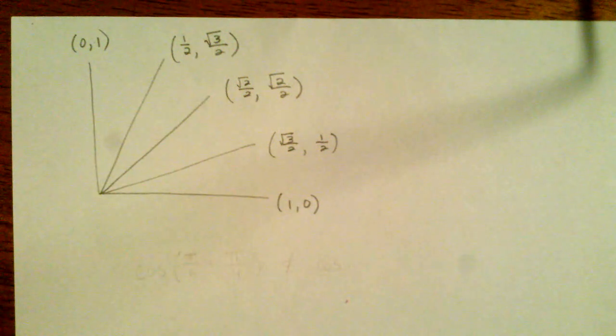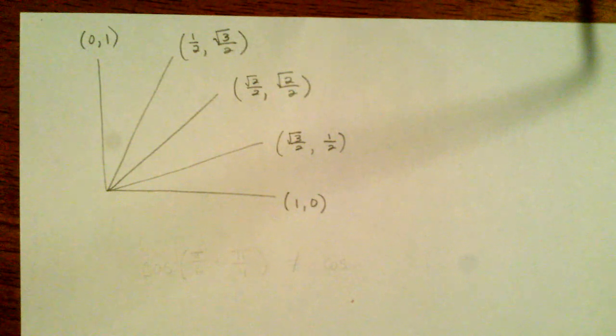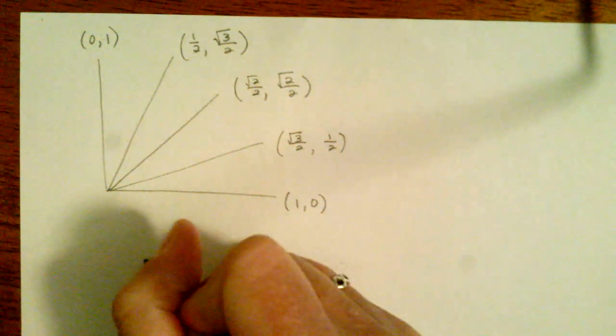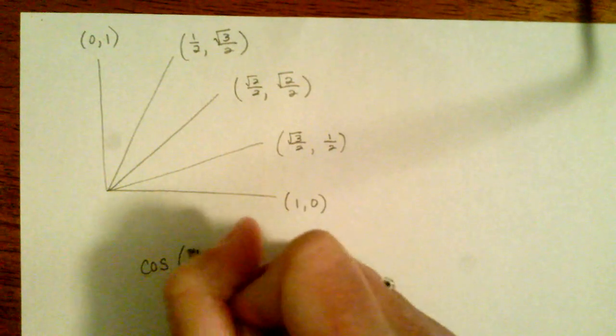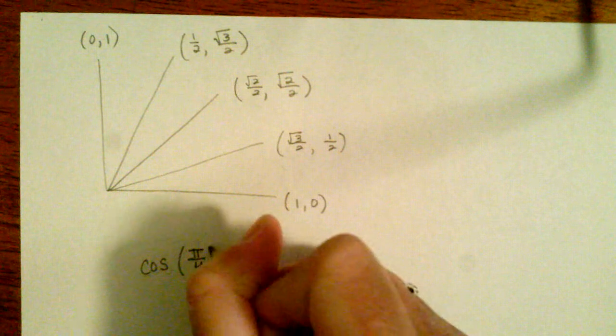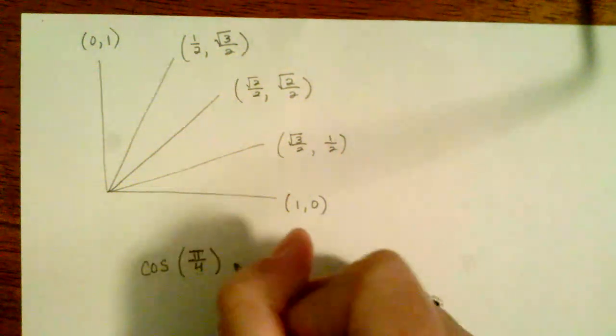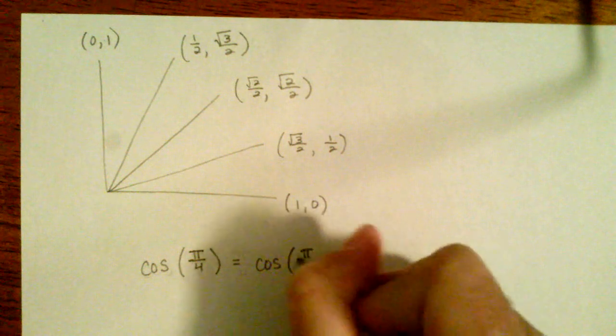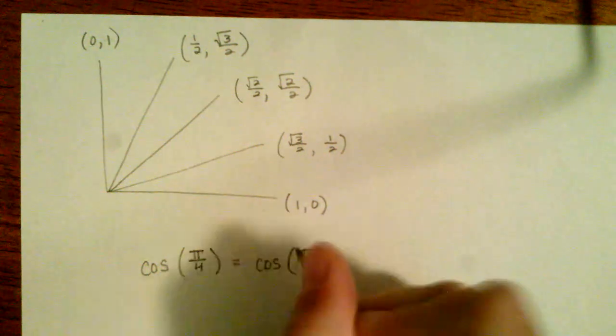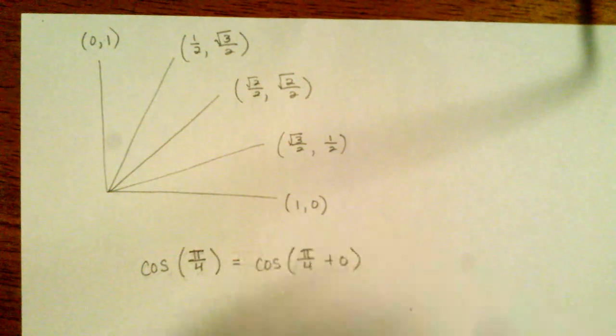And the first thing that I wanted to go over real quick is just to remind you that cosine, sine, and tangent and their reciprocals are not distributive. Okay, so let's think about this. If we have the cosine of pi over 4, I think that you would all agree with me that pi over 4 is equal to pi over 4 plus 0.